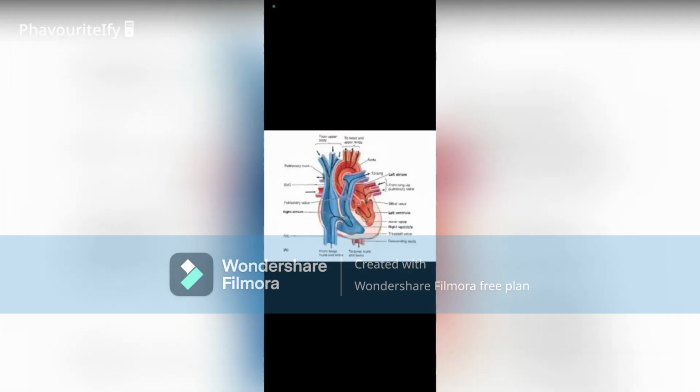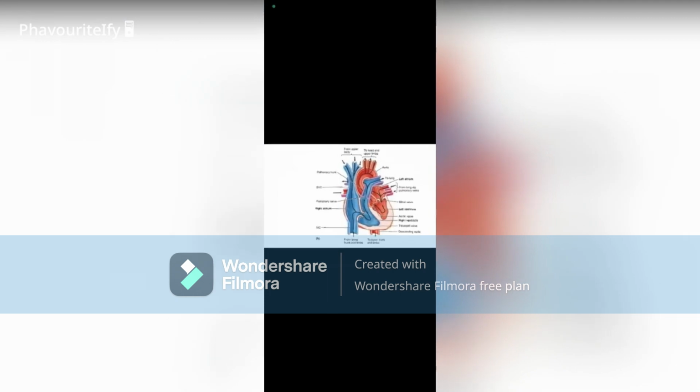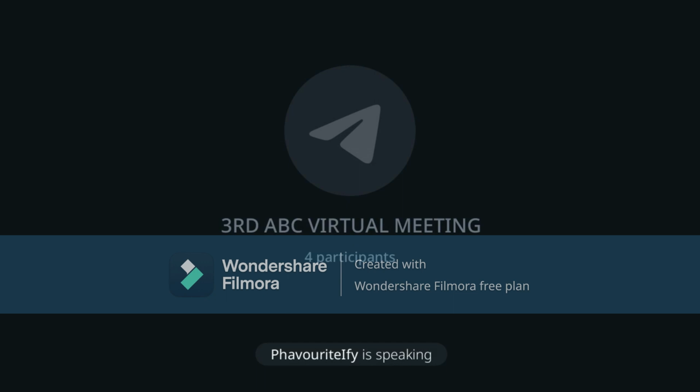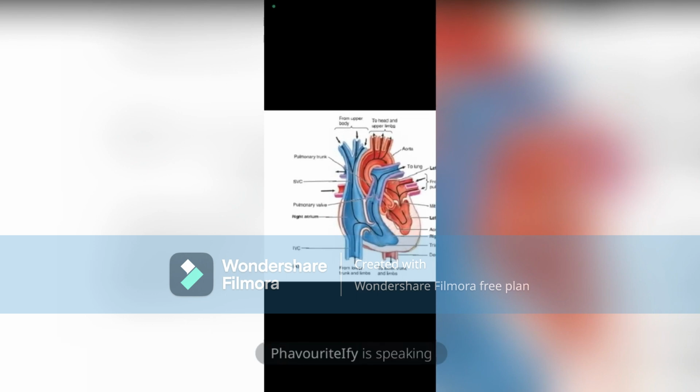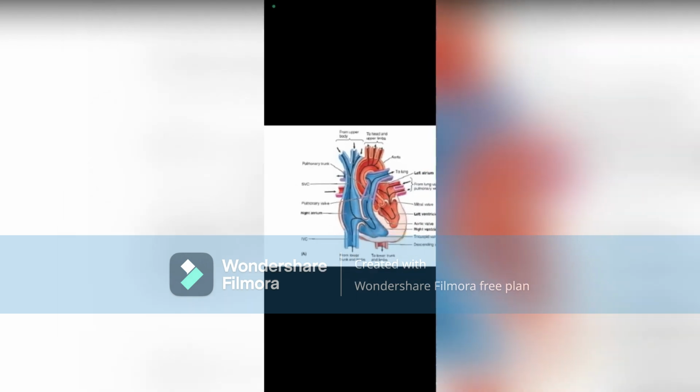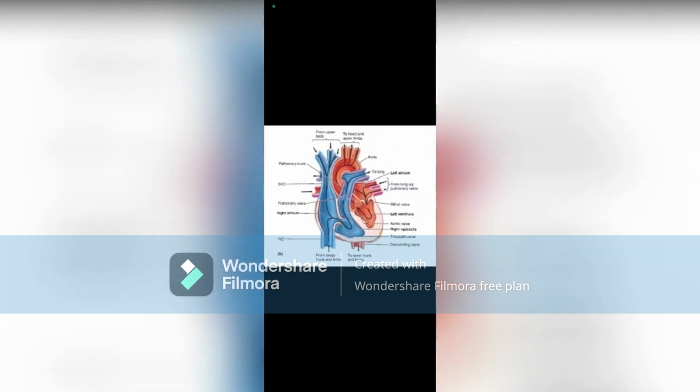Like I said earlier, the right atrium receives poorly oxygenated blood, that is the venous blood, from the superior vena cava and the inferior vena cava, and also the coronary sinus.